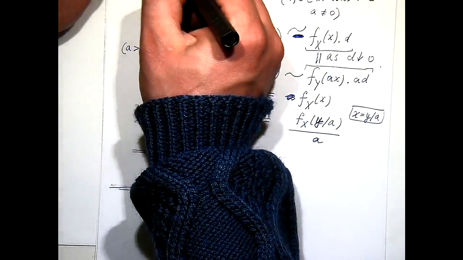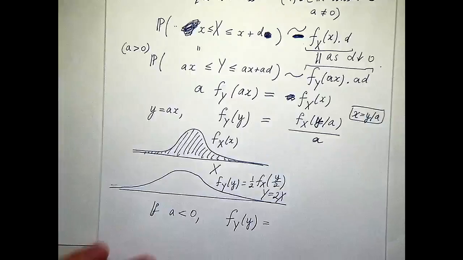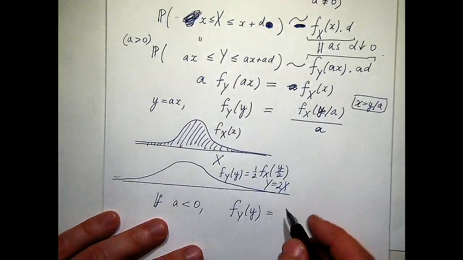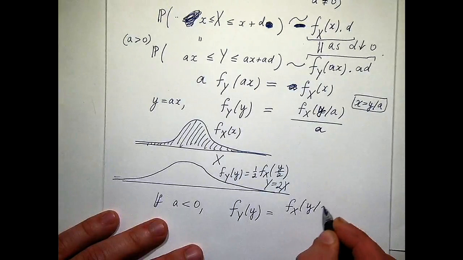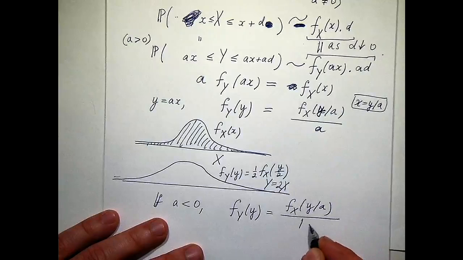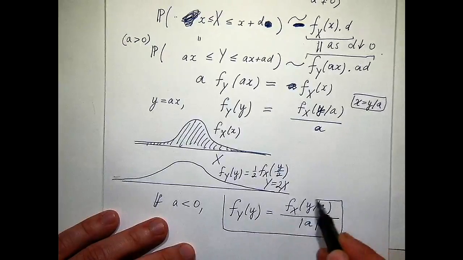So here I'm just doing scaling. I'm not shifting in this example. Shifting we can do as a separate step, and luckily that one doesn't change the density. So f_Y of y is equal to f_X of y over a, still the right change of variables, but divided by the absolute value of a.